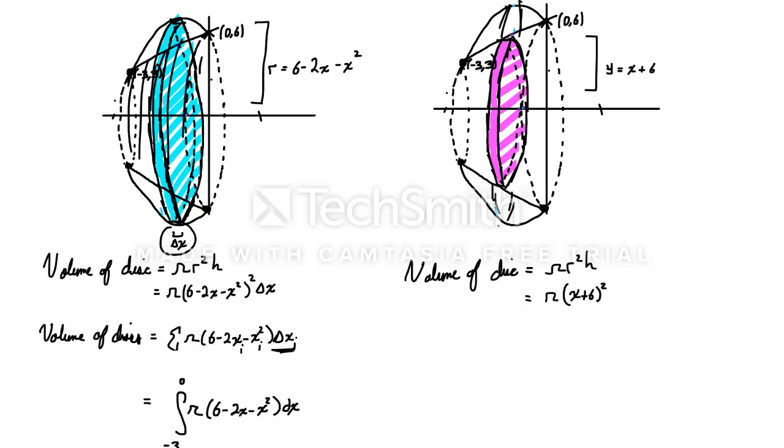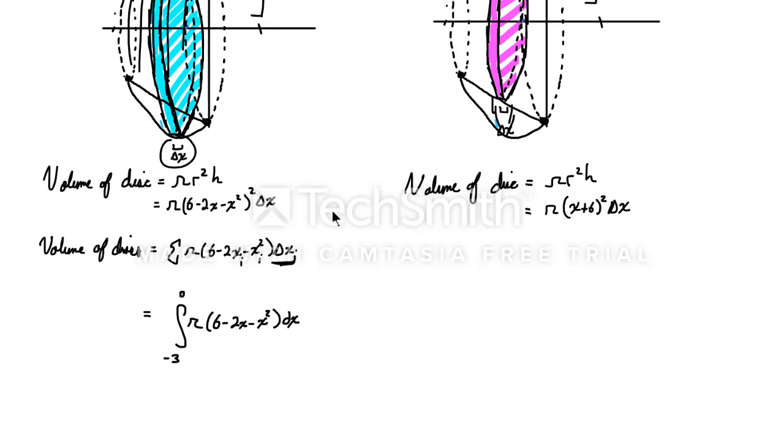The height, so to speak, is once again a delta x. For similar reasons as the previous example, the volume of all my purple disks, plural, will be the integral from -3 to 0 of pi (x plus 6) squared dx.